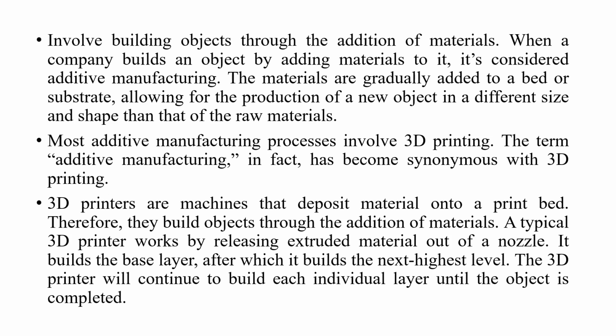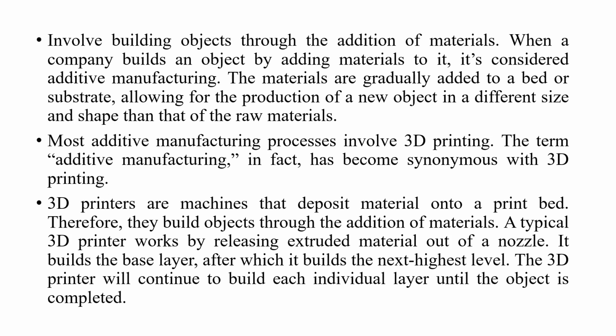3D printers are nothing but machines that deposit materials onto a print bed. Therefore, they build objects through the addition of materials. A typical 3D printer works by releasing extruded material out of a nozzle.